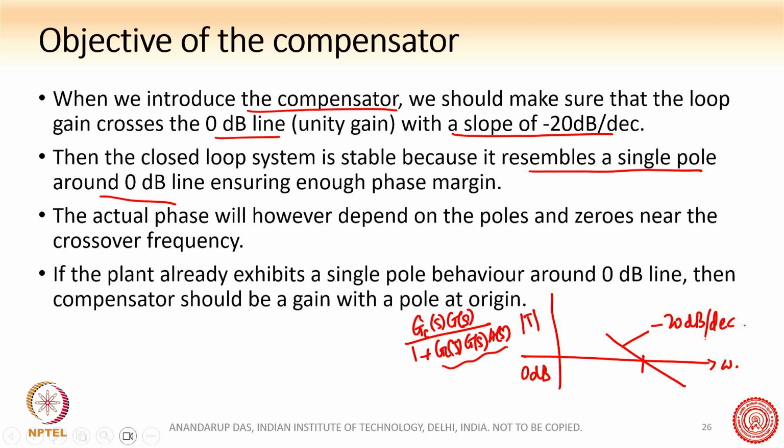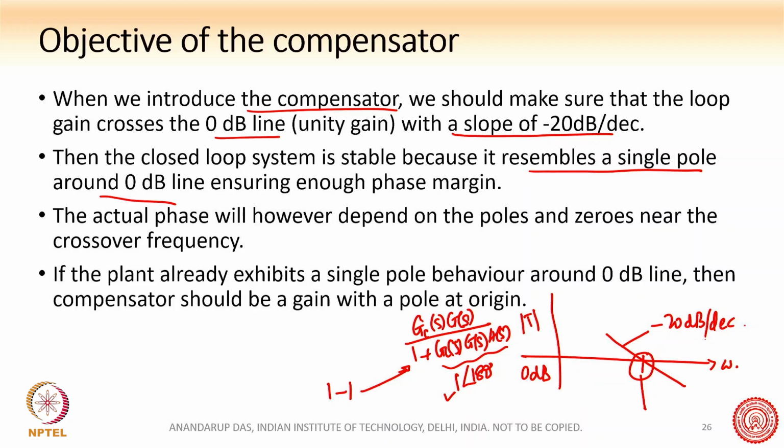If it is one angle 180 degree, then it is going to be unstable, this denominator will become zero. So at close to this omega cross, the gain is 1, but the phase should be far away from 180 degree, right? Otherwise the denominator becomes 1 minus 1, right? And then the system will become unstable, right?